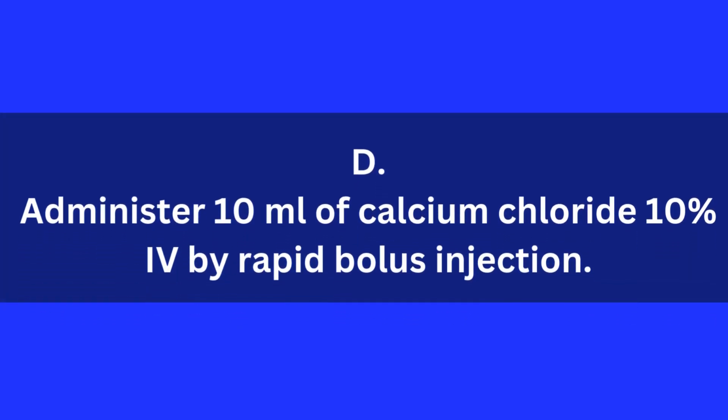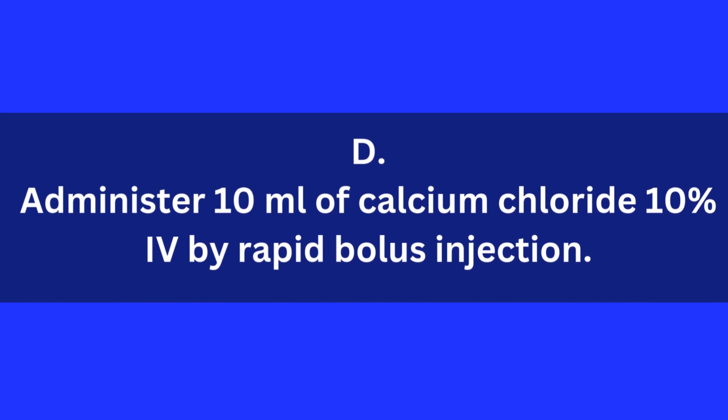Administer 10 ml of calcium chloride 10% intravenously by rapid bolus injection. This is the fastest way to protect the heart in hyperkalemic cardiac arrest. Remember, calcium works to stabilize the myocardium immediately, giving us the precious time to implement other treatments like insulin glucose therapy or bicarbonate. Now a quick recap.